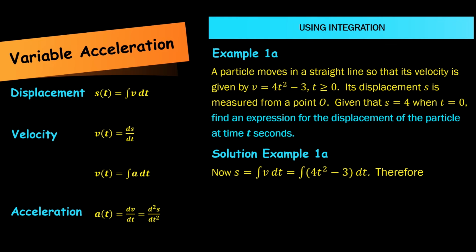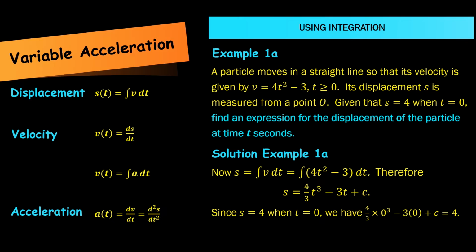We have that s equals the integral of v dt, which is of course, for our example, integral 4t squared minus 3 dt. Therefore, if we integrate, we obtain s equals 4 over 3 t cubed minus 3t plus the constant of integration c.